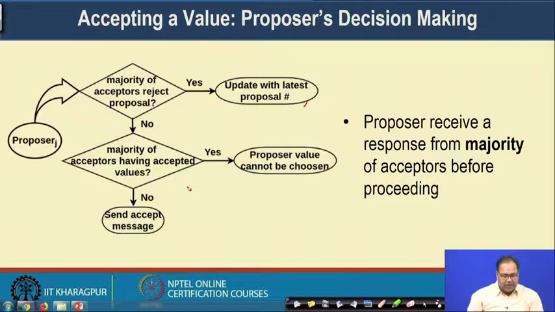If so, you cannot choose that particular proposal. If not, then you send an accept message. So, the idea is that whenever the majority of the acceptors send accepted values, if they have accepted your value, then that means the value that you have shared has become a consensus.